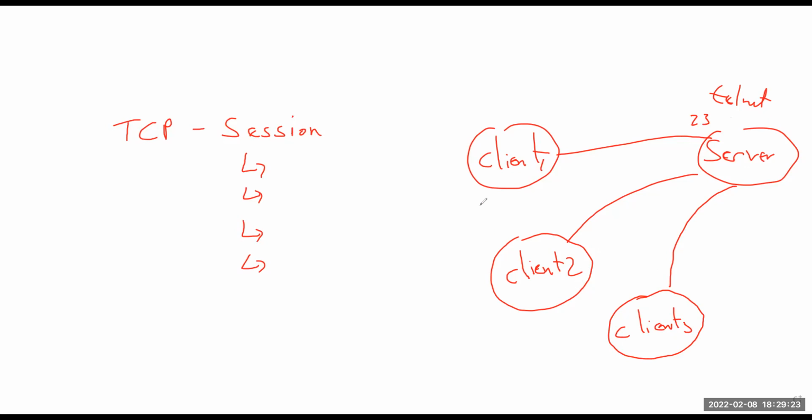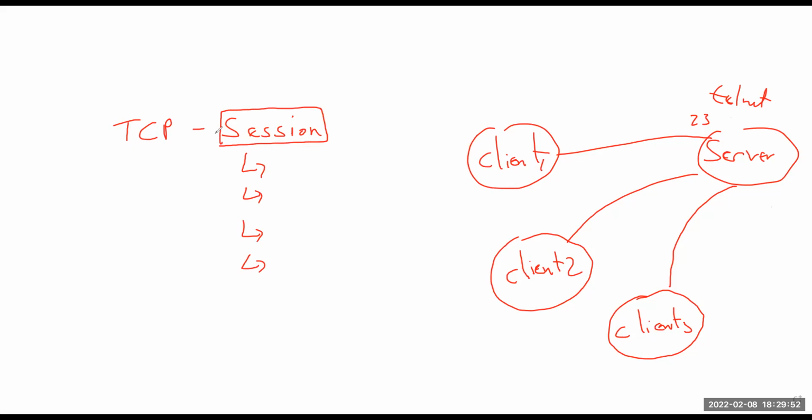But how does the server know that it came from client 1, client 2, client 3? There, it has some table of established connections, right? What defines this session over here, in your opinion? What would you guys think? So it's simpler than you think.